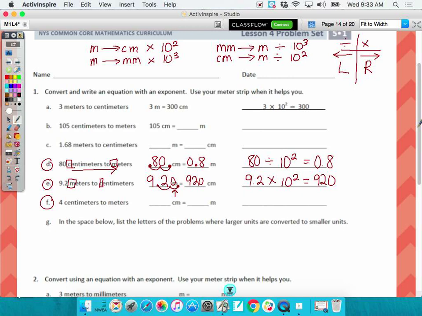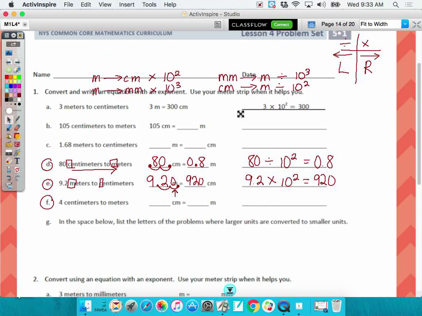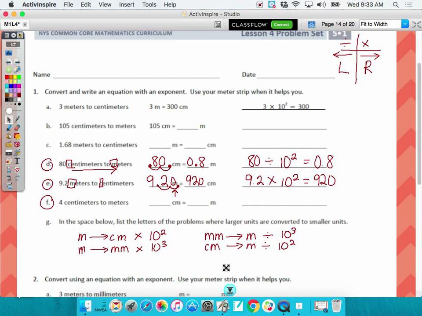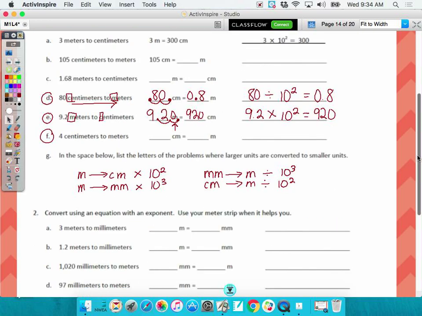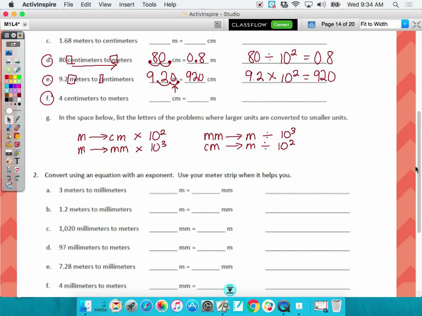4 centimeters. I think we better move it on down. What do you think? So I'm going to go from centimeters to meters. Centimeters to meters. What am I going to do? Divide by 100 or 10 to the second power. Are you getting this?